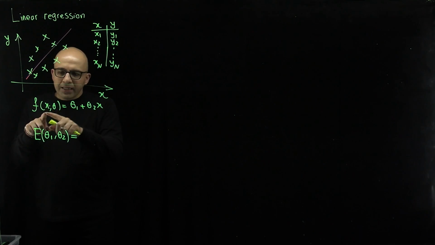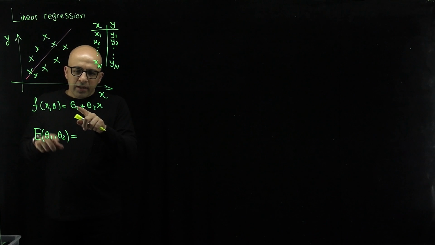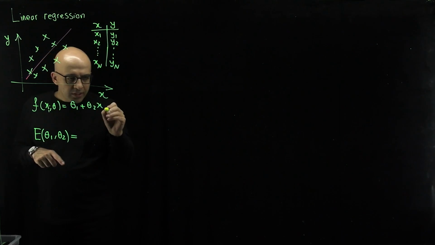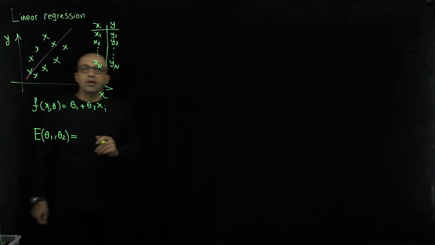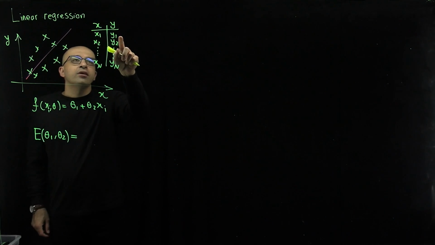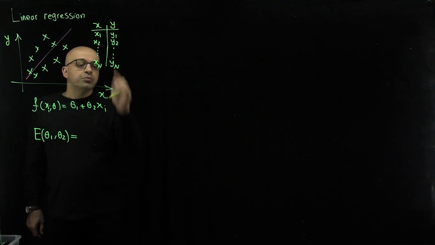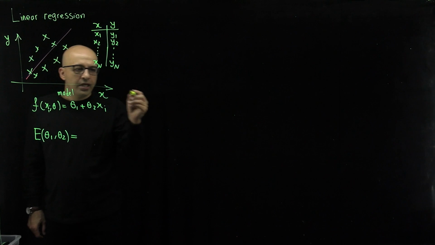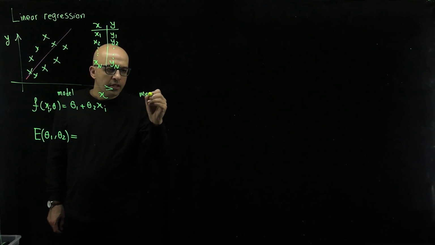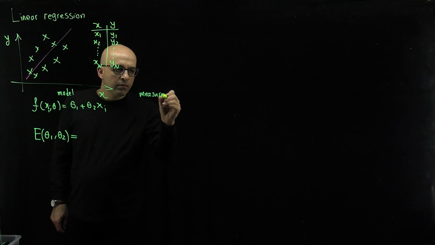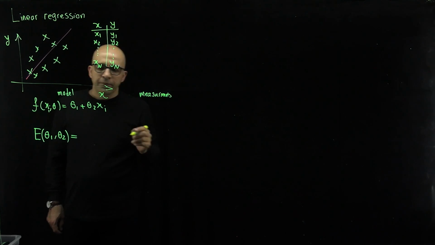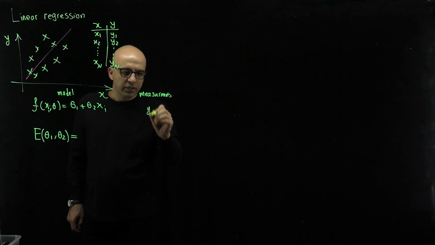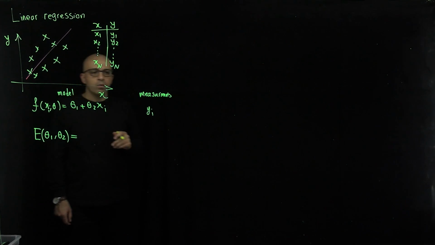If I plug in any particular xi here, theta1 plus theta2 xi, so if I just evaluate this model at xi, the model gives me a prediction for xi. We also have the measurement value for that point, which is given by yi.